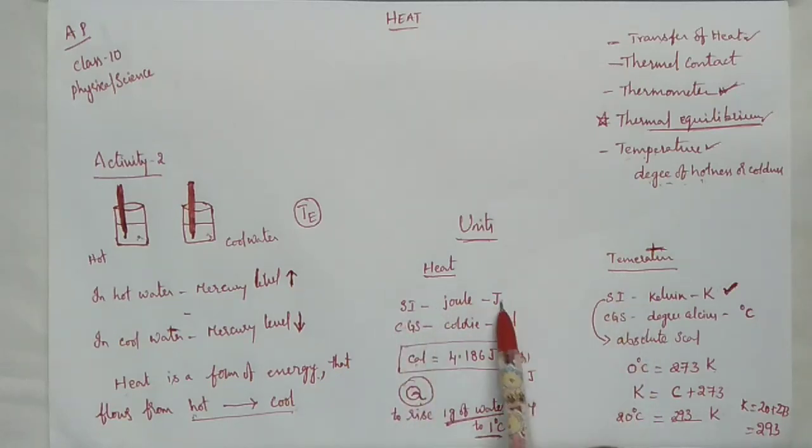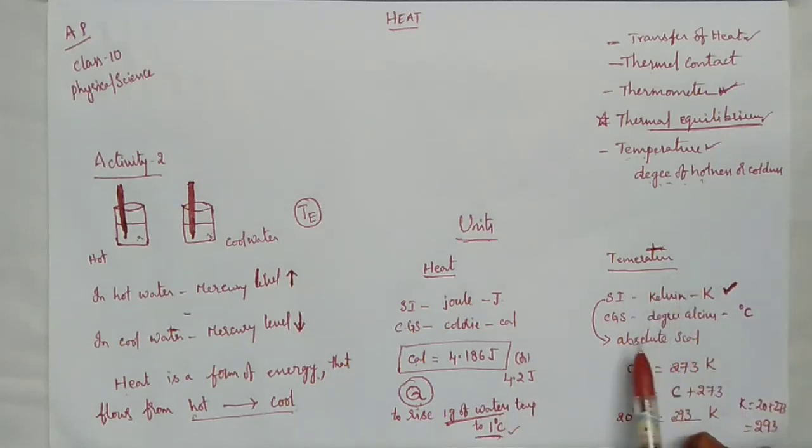SI unit of heat is joule and CGS unit of heat is calorie, and 1 calorie is 4.186 joules and it is also taken as 4.2 joules. And temperature units, SI unit is Kelvin and CGS unit is degree Celsius. Kelvin scale is called absolute scale, and 0 degree centigrade is equal to 273 Kelvin. Right? So with this we will complete today's class.